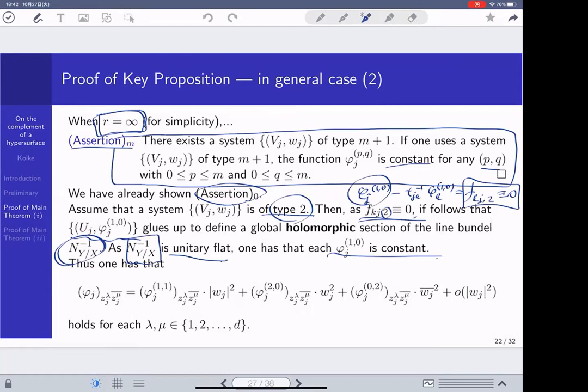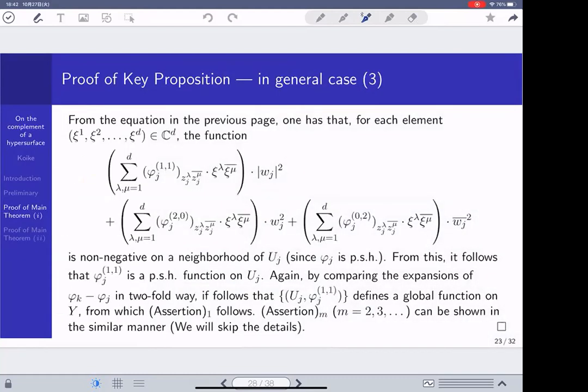So if we consider the derivative phi_j z_lambda z_mu bar, it starts from phi_11 and phi_20 and phi_02. phi_01, phi_10 and phi_00 are constants.